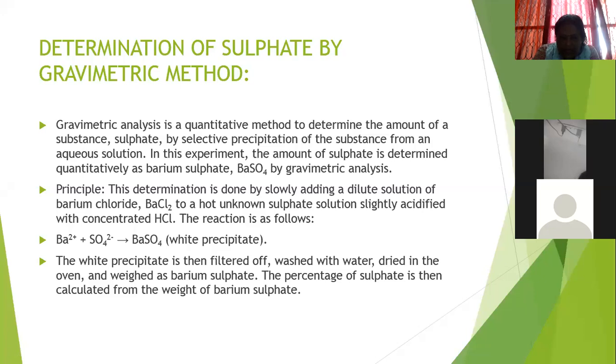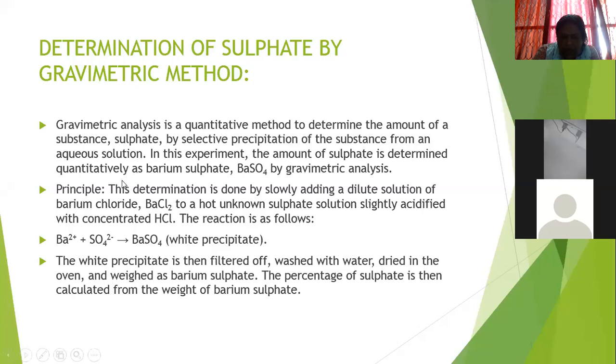That is a very correct method to determine anything. So this quantitative method determines the amount of a substance, here specially sulfate, by selective precipitation of the substance from an aqueous solution.